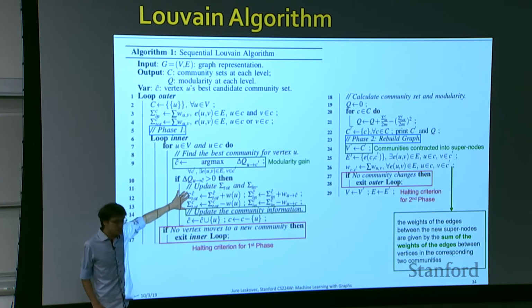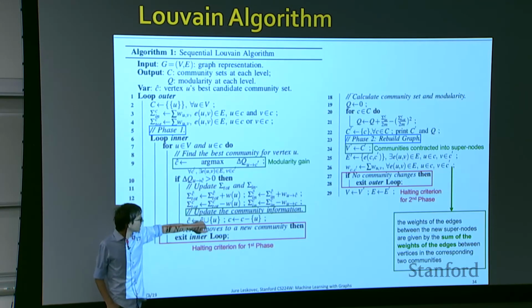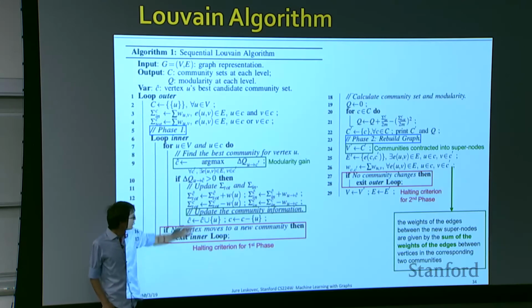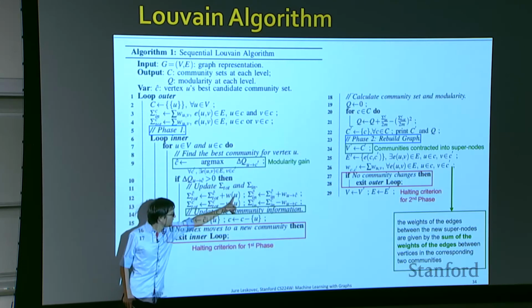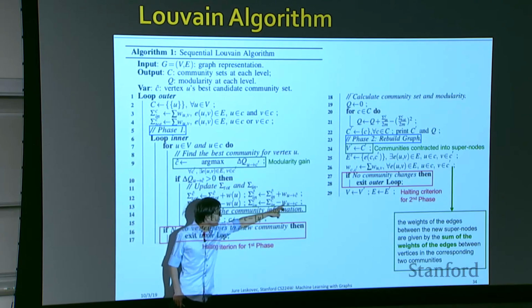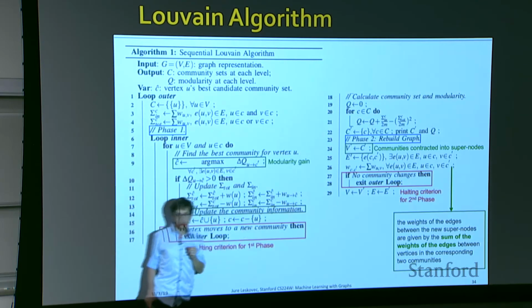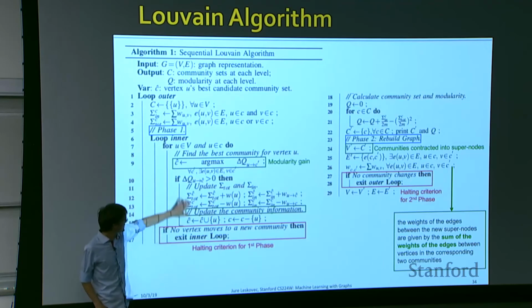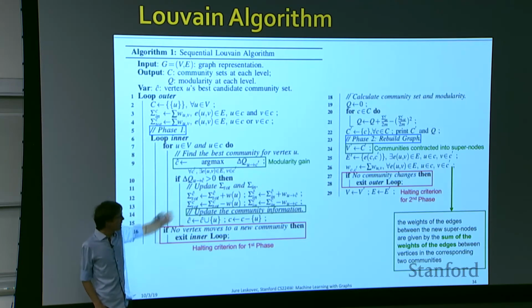So this is just bookkeeping of the summation total and summation inside: the total degree of node U and the total degree of node U linking to a given community. This is super fast to update, just bookkeeping counts.